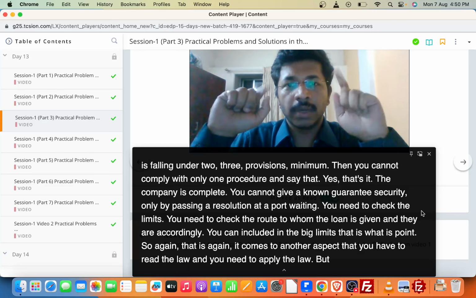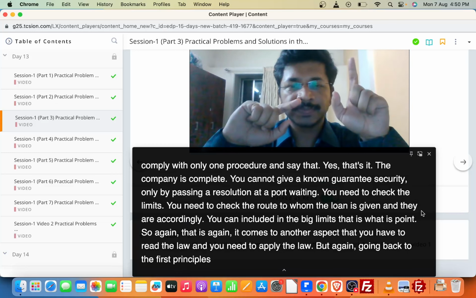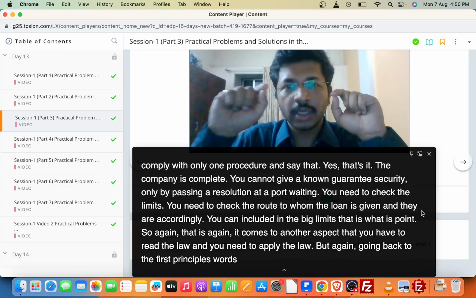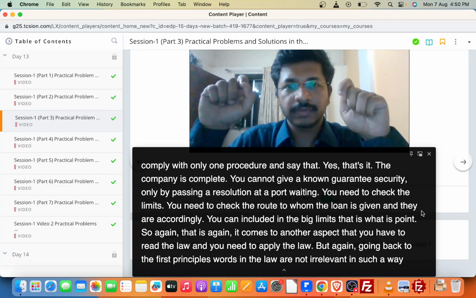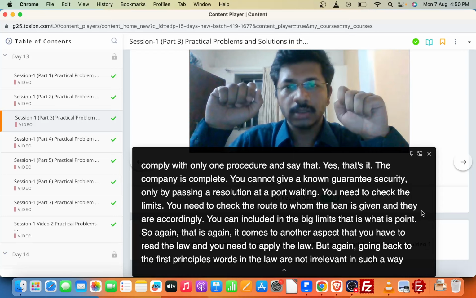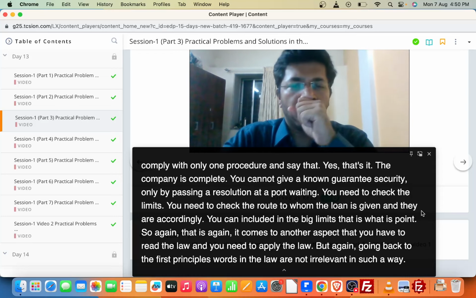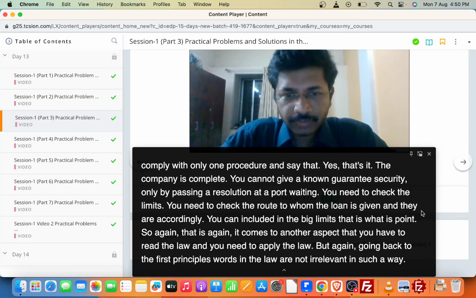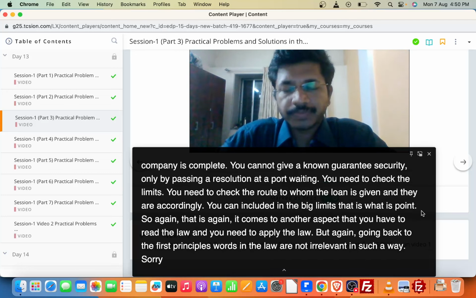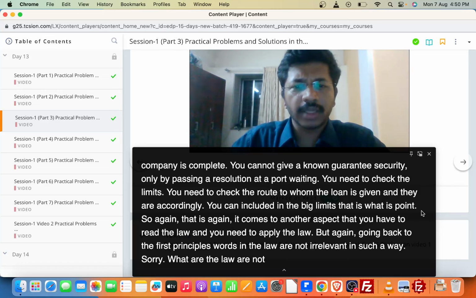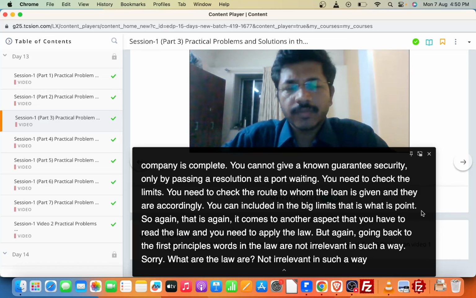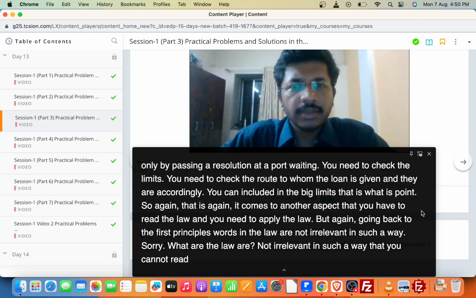But again, going back to first principles, words of the law are not irrelevant, in such a way that you cannot read these provisions and interpret the law.